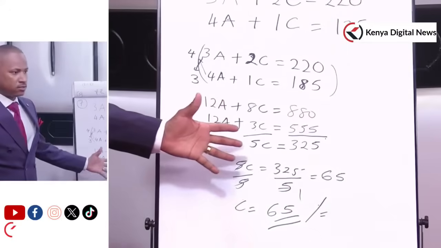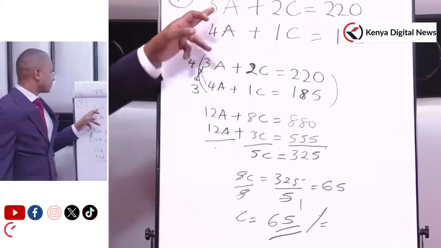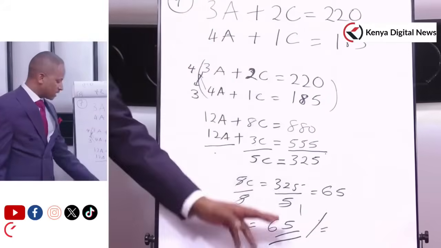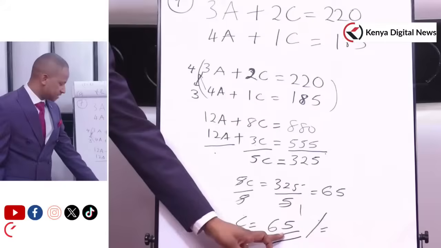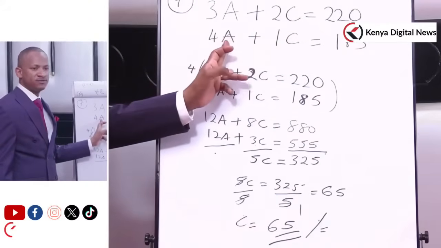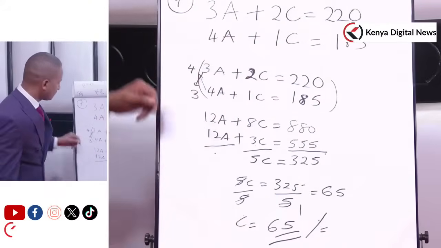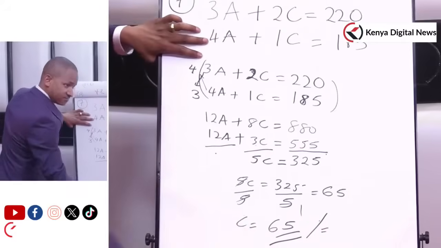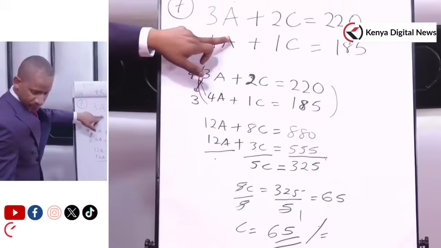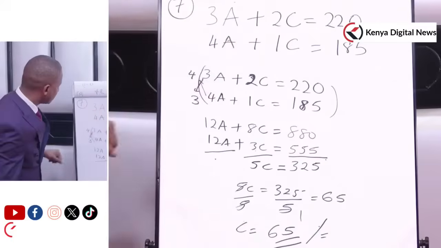That's all. If they wanted the amount of money that each is earning, then you substitute 65 where the C is, you write 65, then you get the value of A. So let's see. Our answer is 65. But what if we wanted to know the amount of money earned by this person called an artisan.